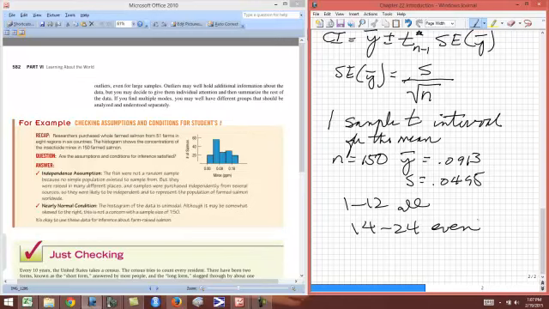These are calculating confidence intervals. Just use the examples. Okay, that's due tomorrow, Friday, 2:20. Okay, that's it.